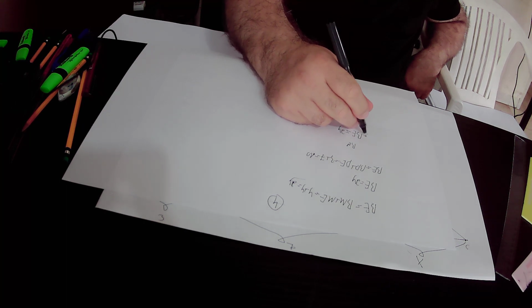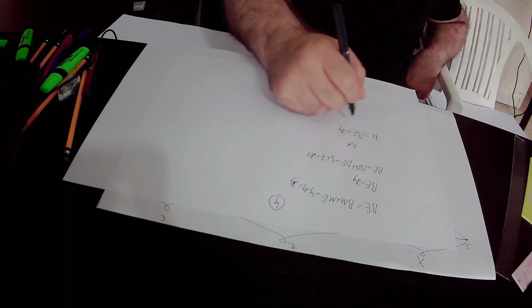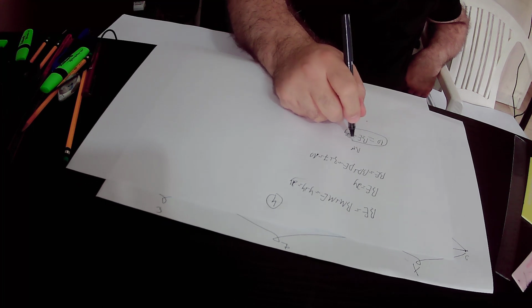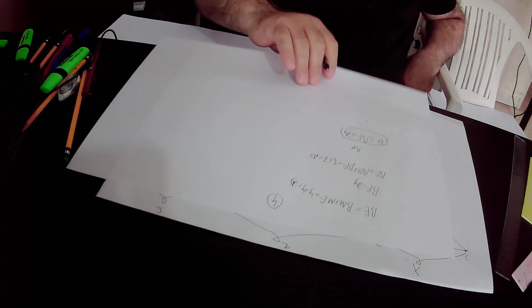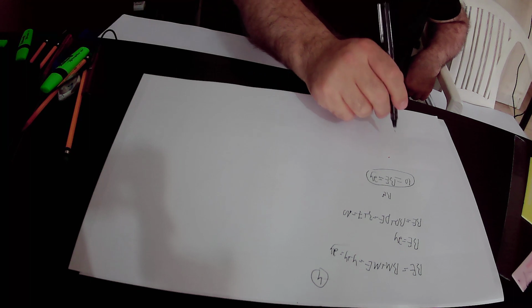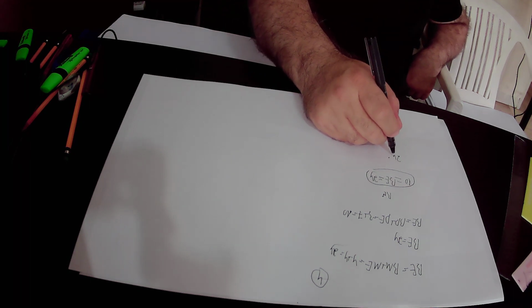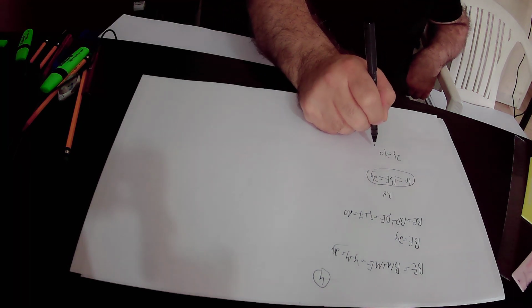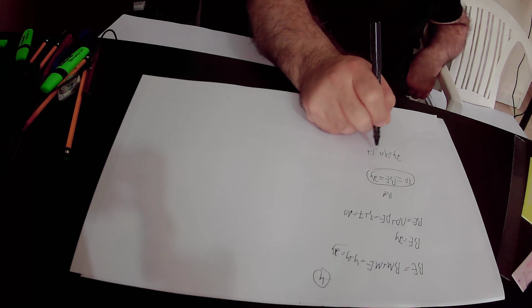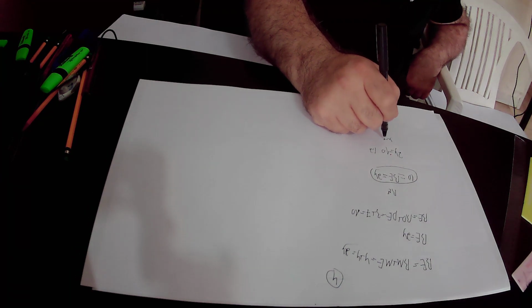From the other side, BE equals BD plus DE, but BD equals 3 units and DE equals 7 units, so BE equals 10 units. So 10 equals BE equals 2Y, so 2Y equals 10. We divide by 2 and get that Y equals 5.